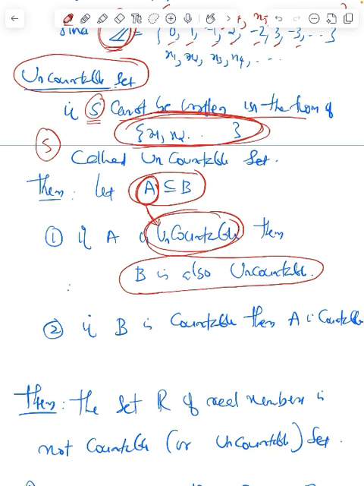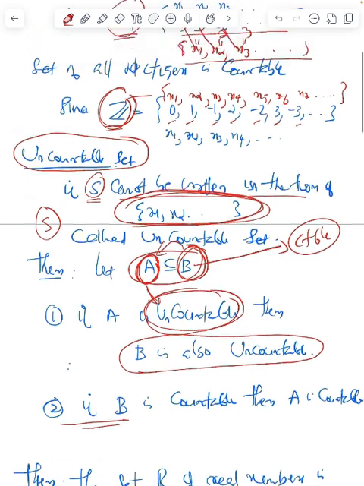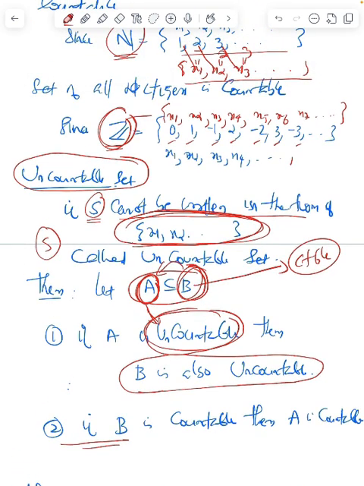The set A is uncountable, which means that B is also uncountable. Another part is that if B is countable, that is B itself is a small set with only a countable number of elements, then the second part of the theorem says that A is also a countable set. It's logical; we can understand this theorem by using our own logic.